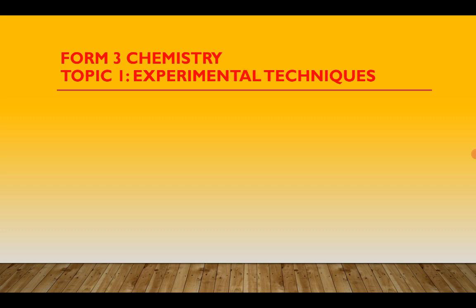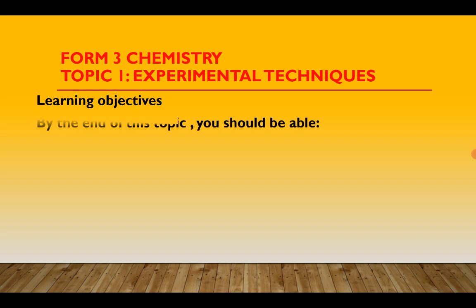All right, so this is topic number 1, which is experimental techniques. It is hoped that once you finish the topic, you should be able to do the following things. By the end of this topic, you should be able to define the term chemical waste.